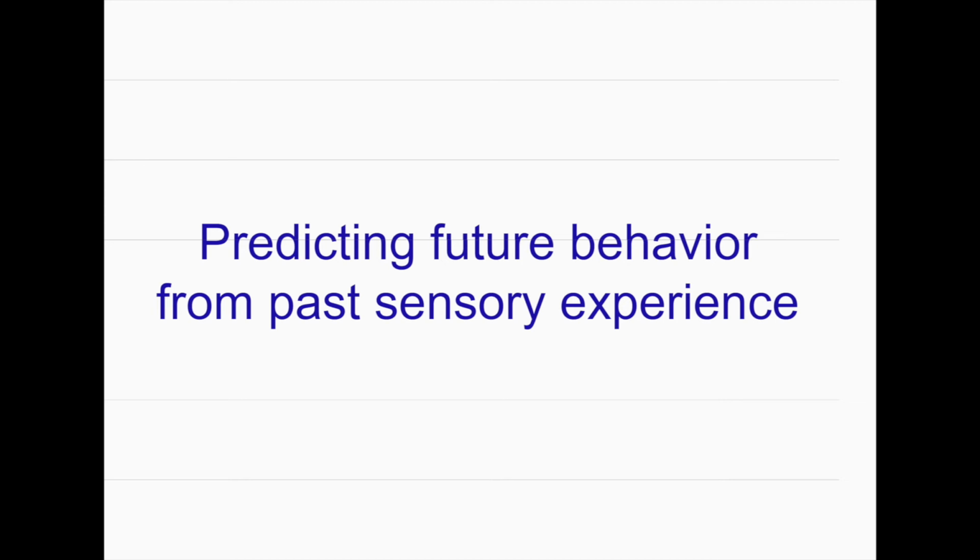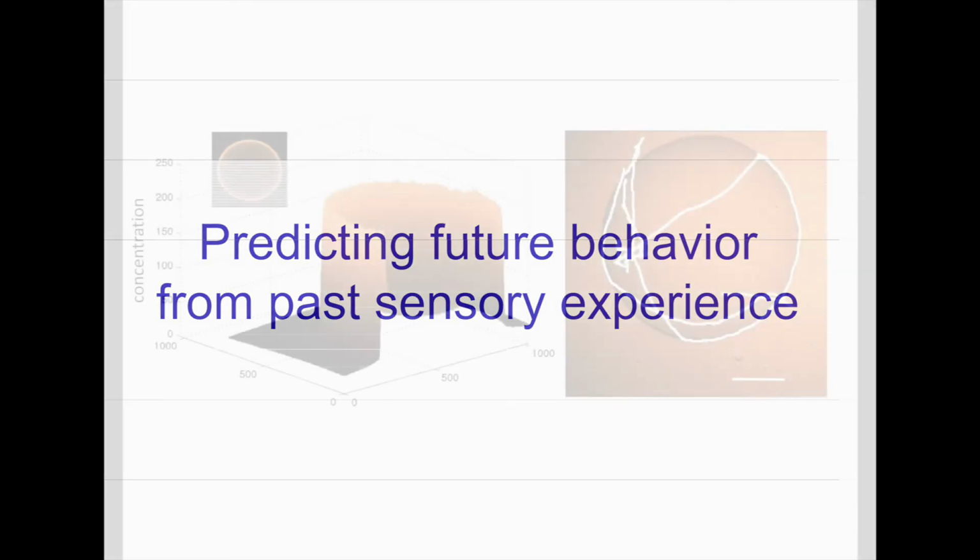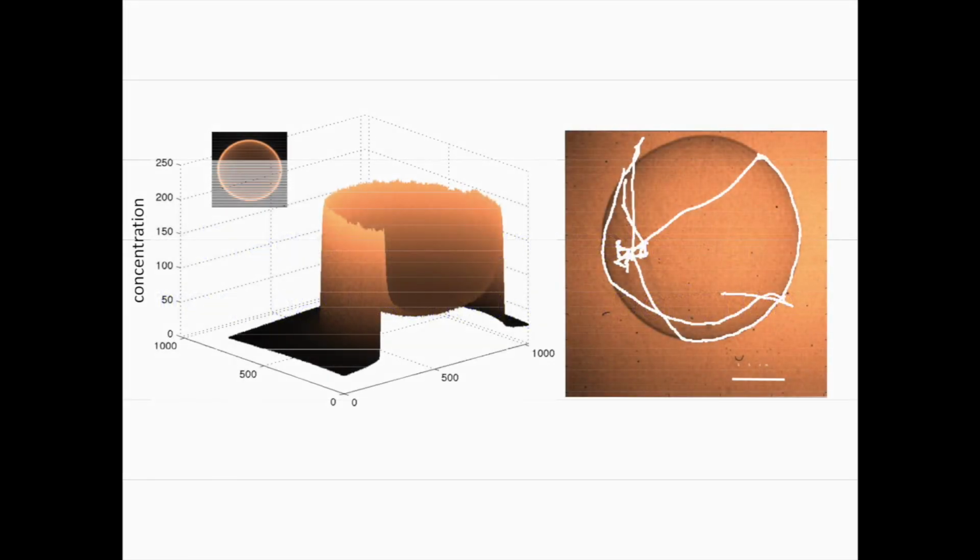And perhaps the reason is that they had different prior sensory experiences. It turns out that more detailed experimental measurements show that the patch of bacteria is actually not a Gaussian, like we initially assumed, but more of a ring with a nearly constant concentration and a larger concentration at the edges.